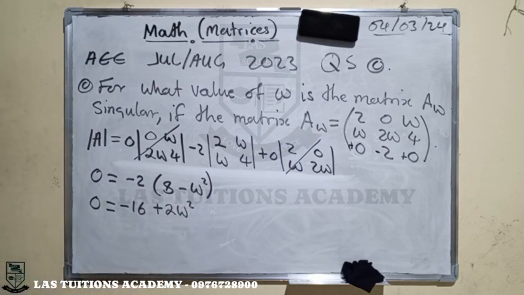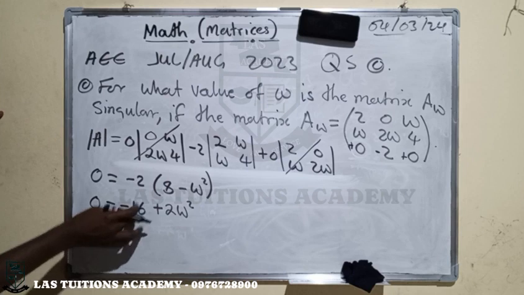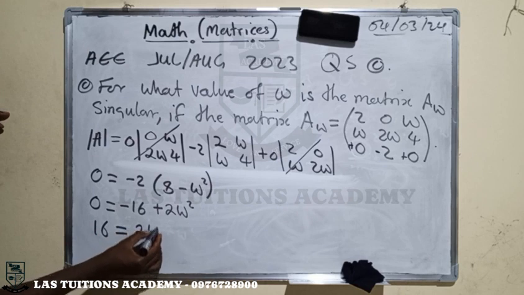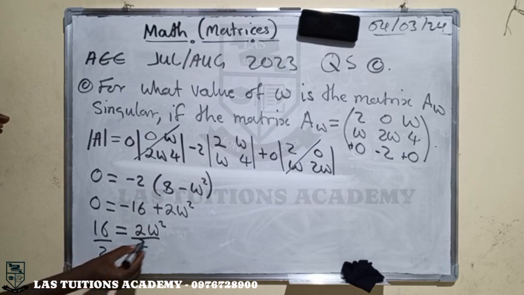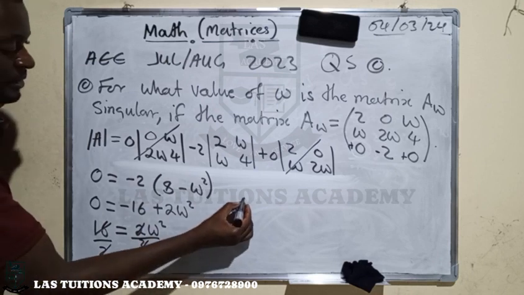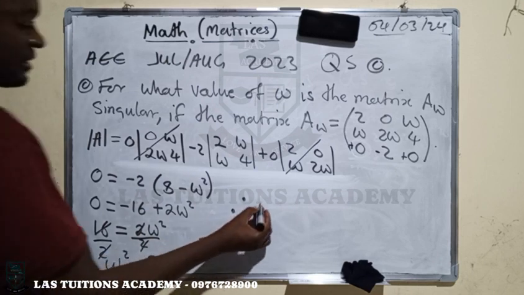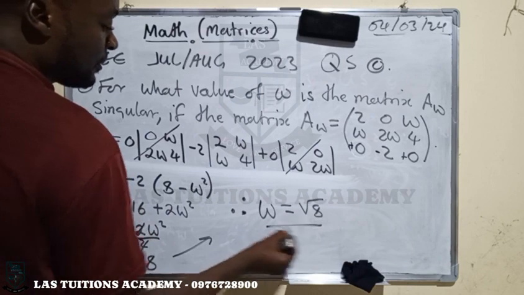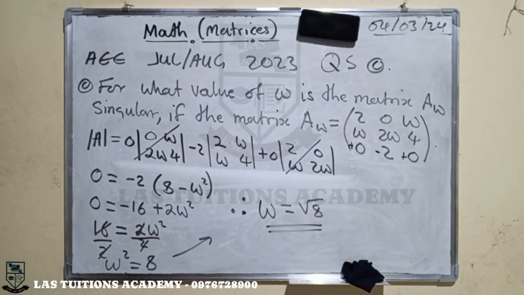You can take the 16 to the other side, so 16 is equal to 2w squared. Now we divide both sides by 2. 2 into 16 is 8. So w squared is equal to 8. Therefore, w is equal to the square root of 8. So that's what we have there.